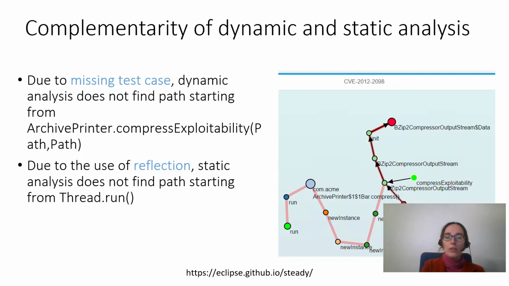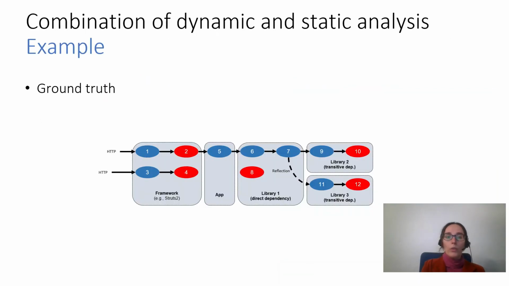But this is not the only thing we do. What we do is actually combine the two techniques. So let's see this with an example. Here we have an application that has a dependency on a framework, like Struts, with one direct dependency and two transitive dependencies.